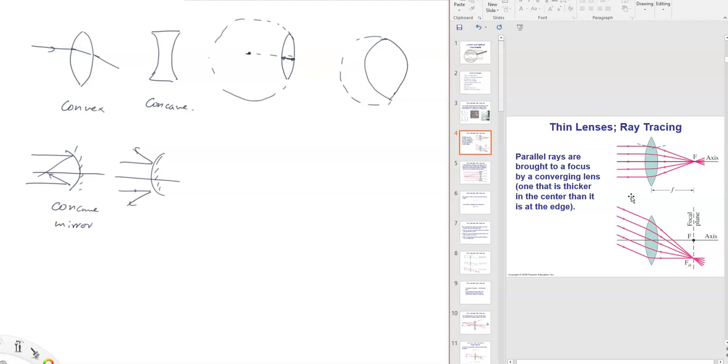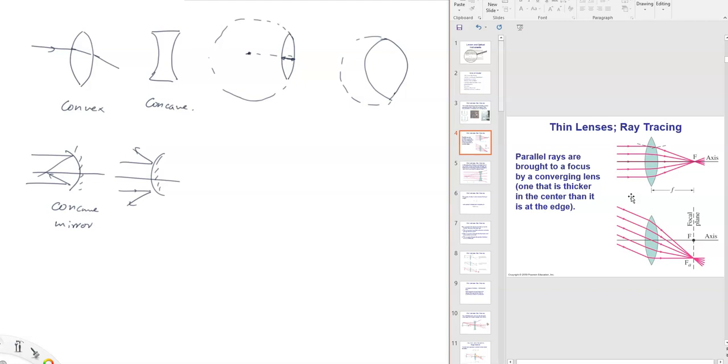When it comes to lenses, the convex lens has all these properties. Convex lenses can make so many different images. Concave lenses have only one type, like the convex mirror.